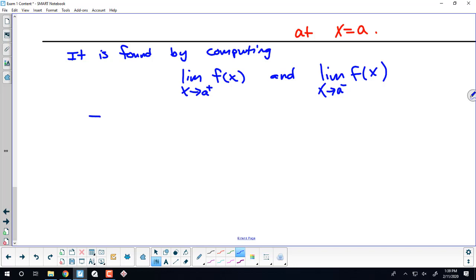Let's just say here, if f of x is continuous at a, then those two limits are the same.